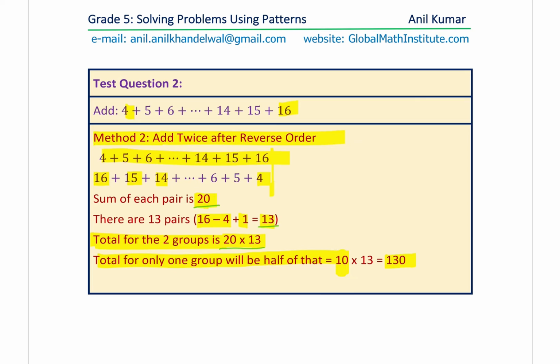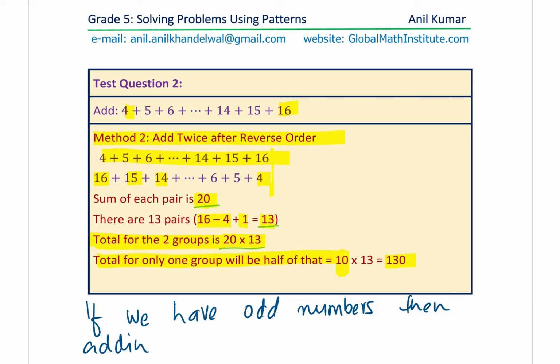So you can summarize here that if we have odd numbers, then adding twice is better. Is that clear?